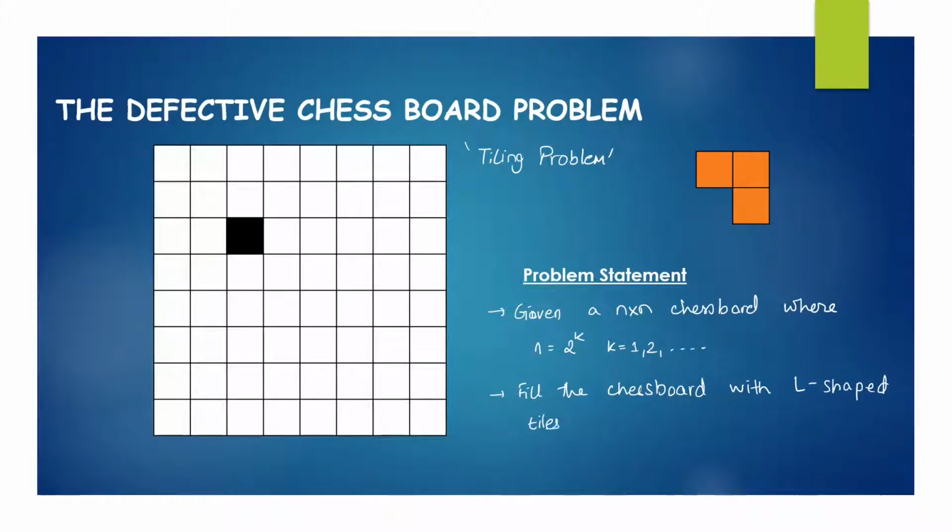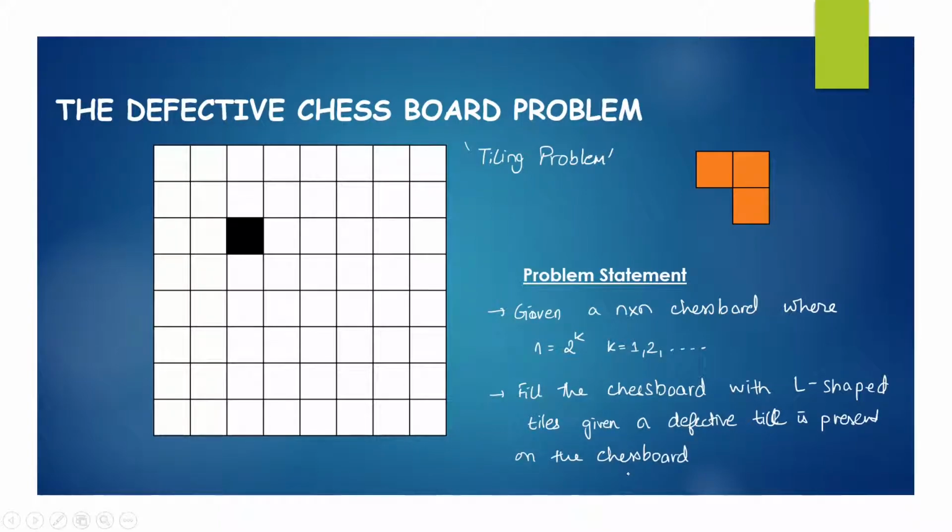Okay. So that's your problem statement: fill the chessboard with L-shaped tiles given a defective tile is present on the chessboard. So what do I mean by a defective tile?